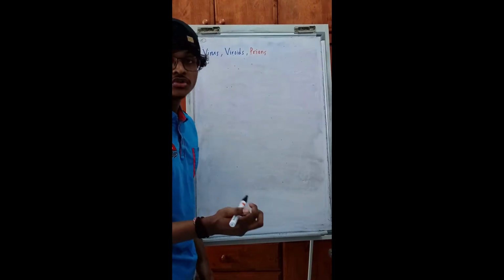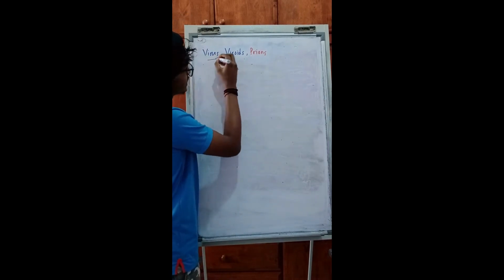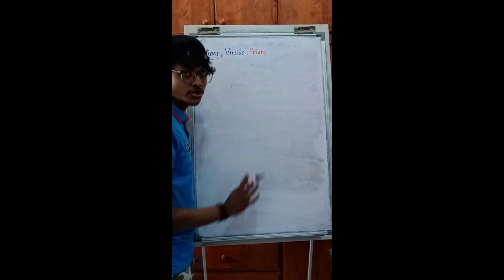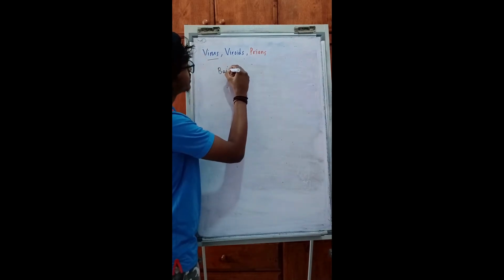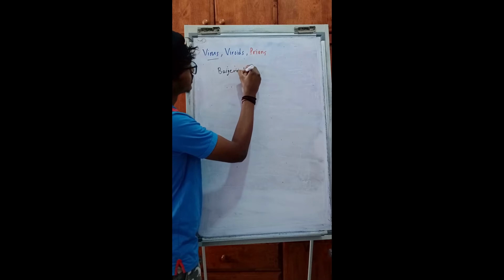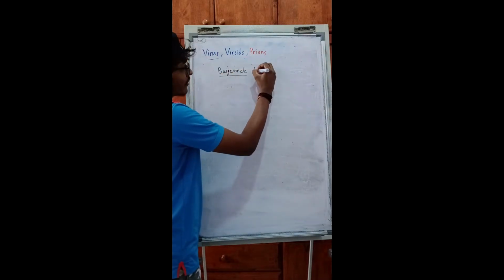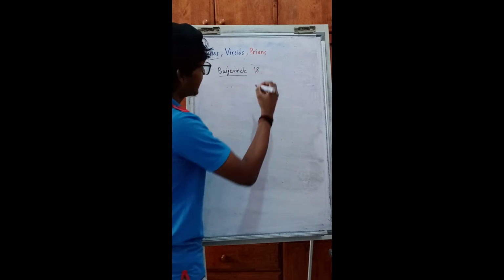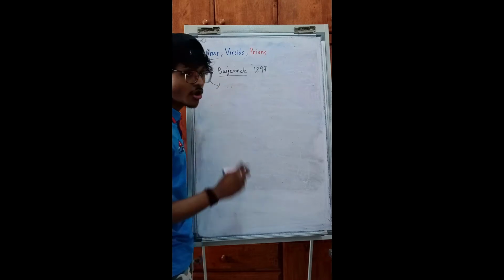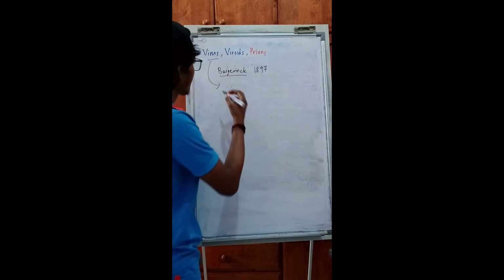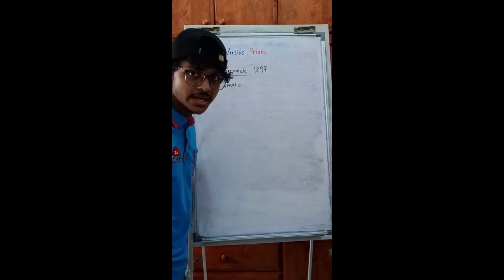Okay, let us move on to the discoverer of the virus. Who first discovered the virus? The person who discovered it was named Beijerinck, the first scientist who discovered a virus, in the year 1897. He is the one who coined the name virus.